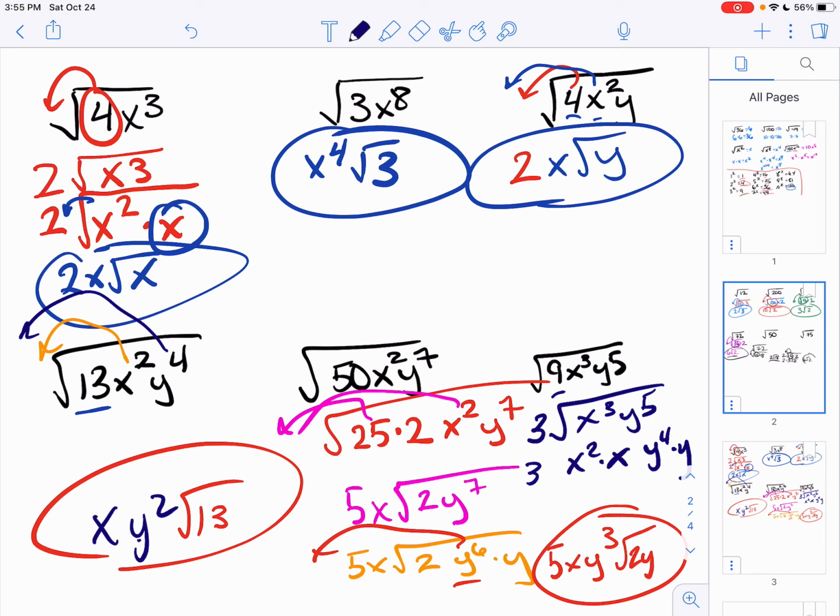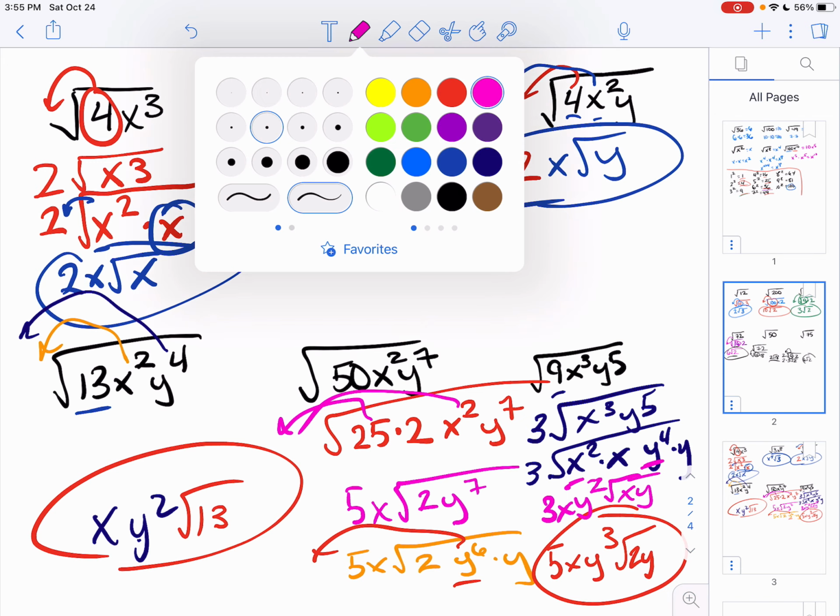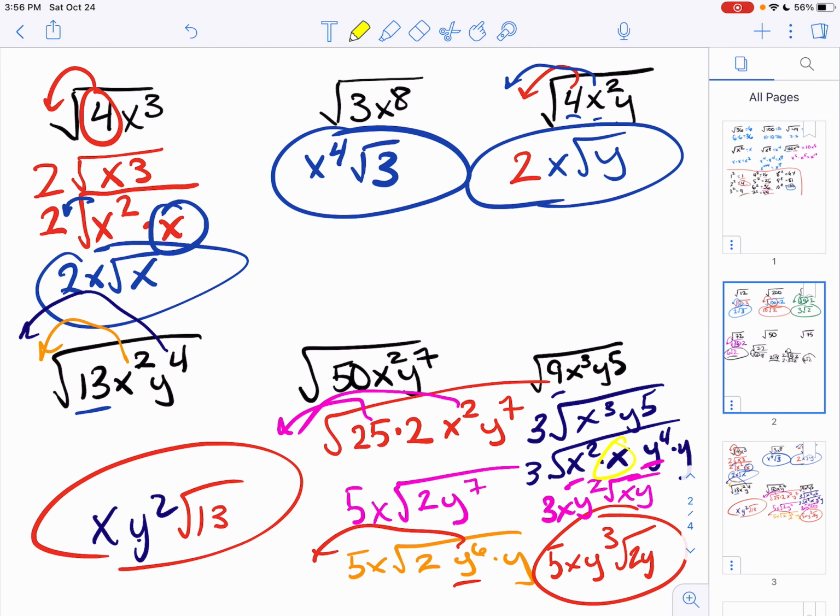And I'm doing that because now that is a perfect square, and that is a perfect square. So I can take the square root of x squared, I get x. And I can take the square root of y to the 4th, and I get y squared. And then what's left inside my radical is my x and my y, right here. So that is my answer.